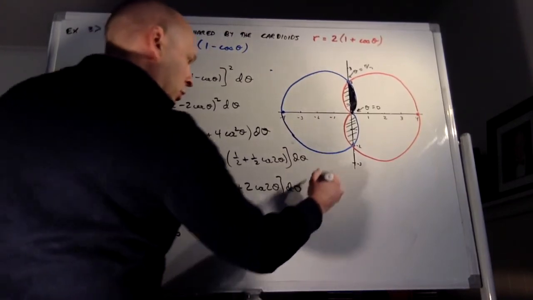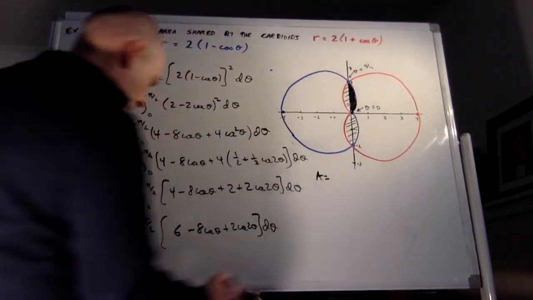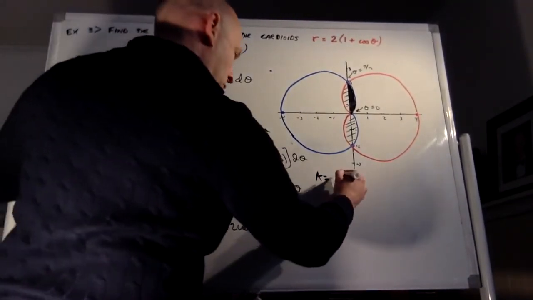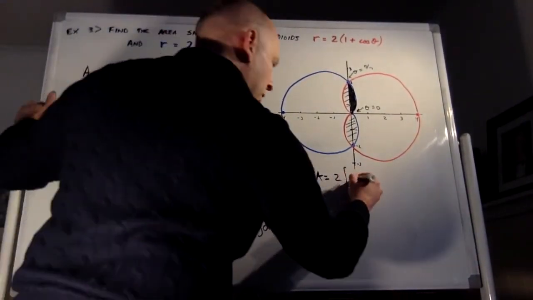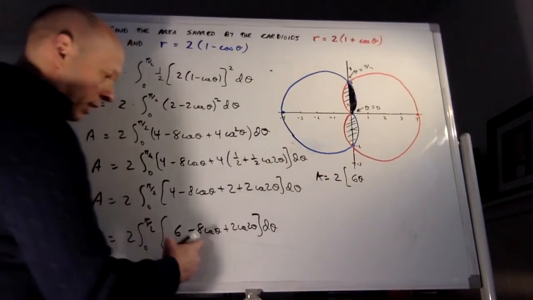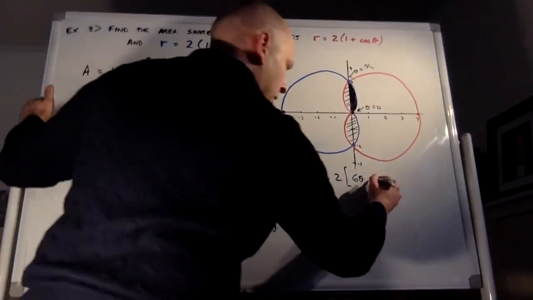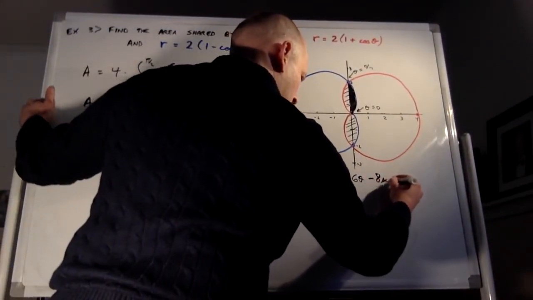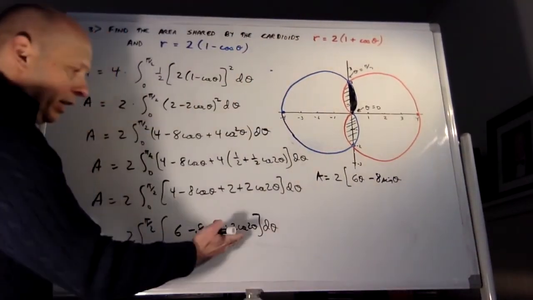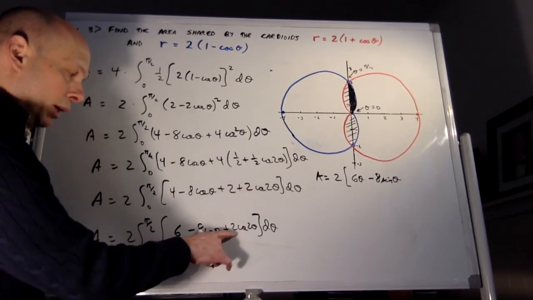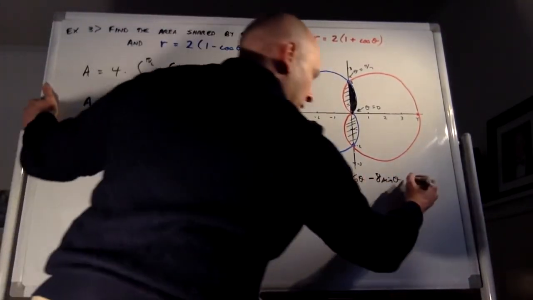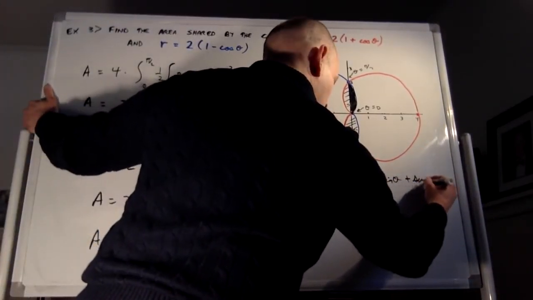Okay, so we're ready to do antiderivatives. So the area is going to be 2 times, can't forget that 2, 6 theta, and then minus 8 sine theta, the antiderivative of cosine theta. And then the antiderivative of cosine 2 theta is sine 2 theta over 2, and multiplying that by 2, it's just positive sine 2 theta.